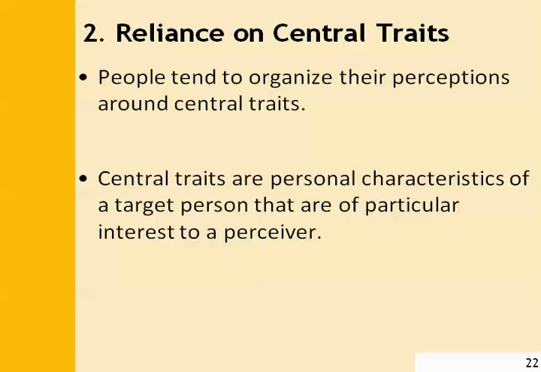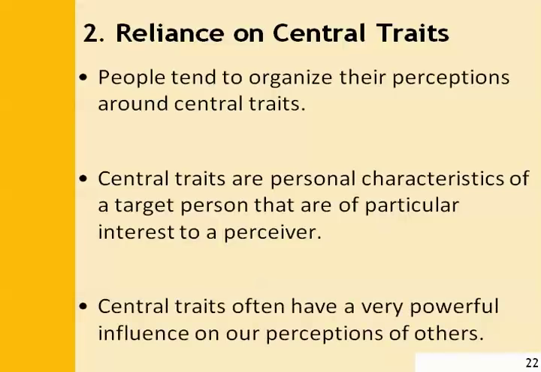Suppose you are a manager and you want to perceive an employee who works under your supervision. Usually, as a manager, you have central traits. Meaning you look for personal characteristics in the target person in front of you, the employee, and based on them you perceive this person, according to the characteristics that are important to you as a perceiver.